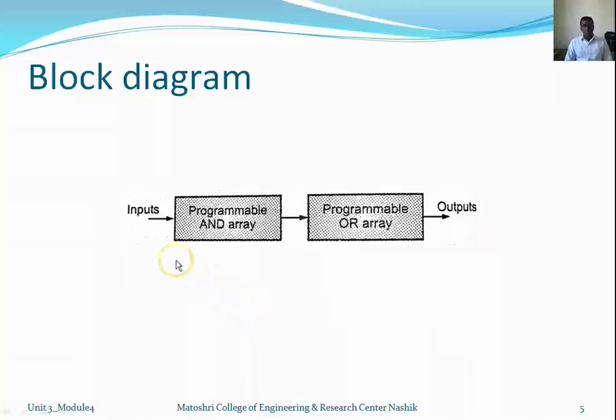Whatever input signal is available is ANDed first and then ORed later, and the output we get is in the form of SOP, the sum of product terms, or alternatively, the min terms. In this way the PLA works.